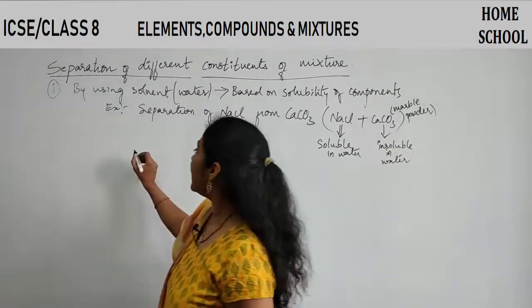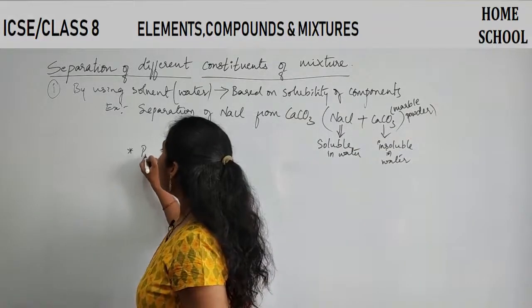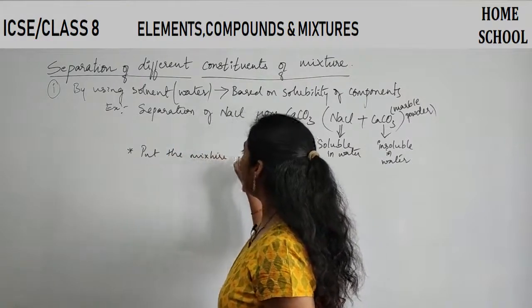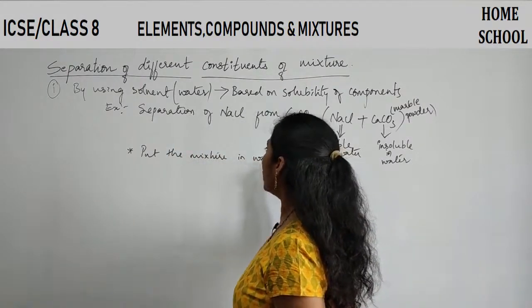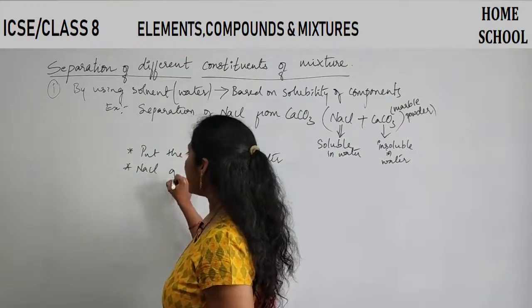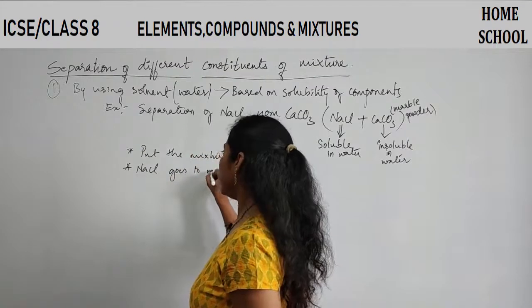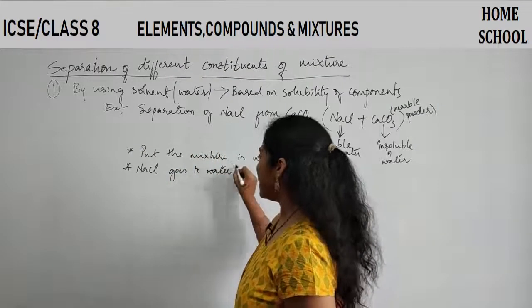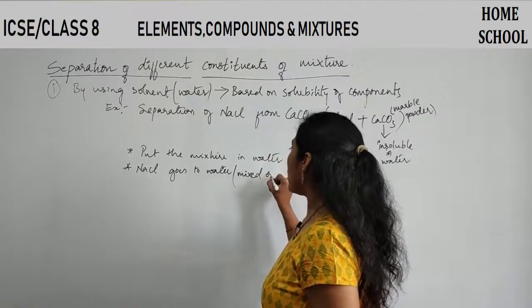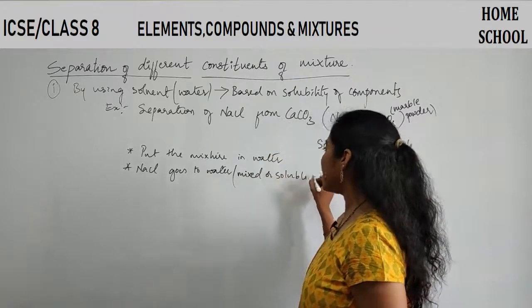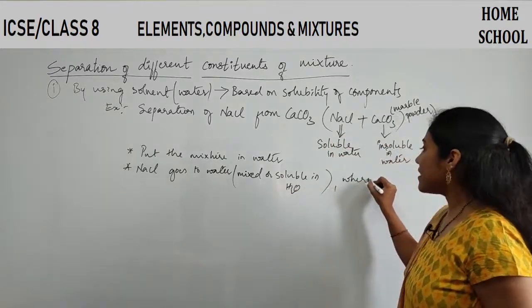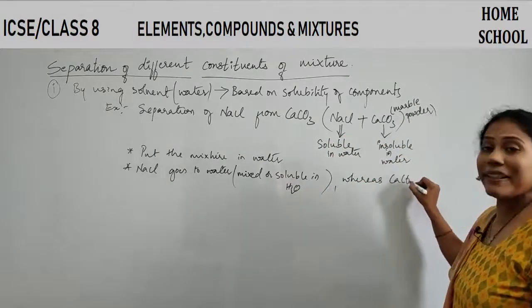So what I will do initially is put the mixture in water. In water, what happens? NaCl goes into water. That means it will get mixed up, or soluble in water, isn't it? Whereas what happens to calcium carbonate?